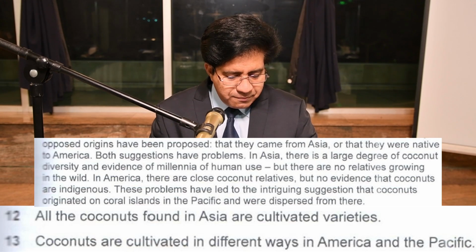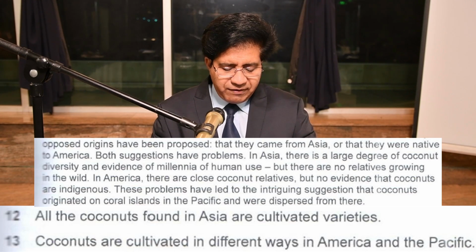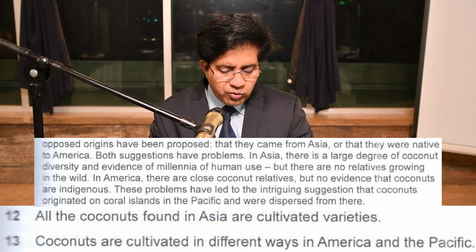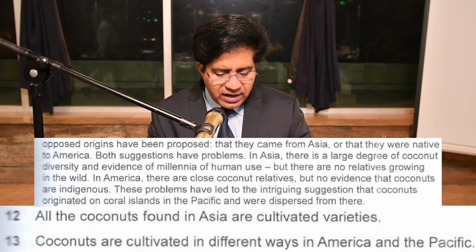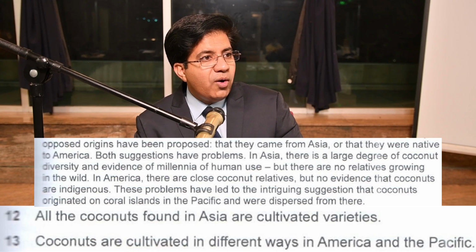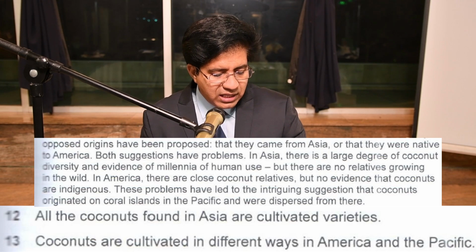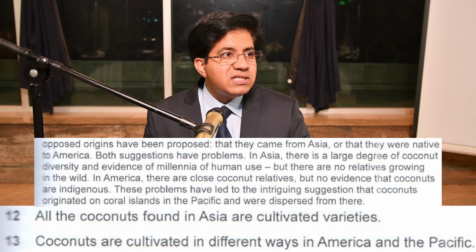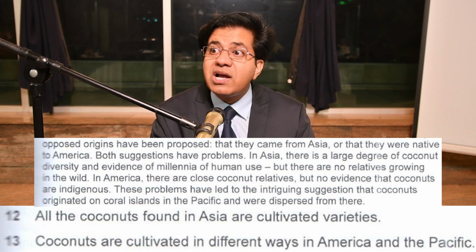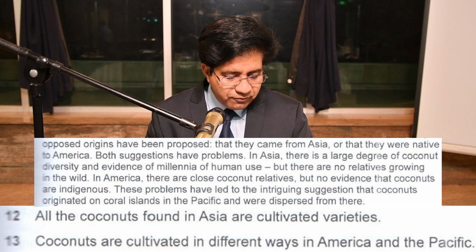Last paragraph. In Asia, found it? In Asia, there is a large degree of coconut diversity and evidence of millennia of human use, but there are no relatives growing in the wild. It means it's all cultivated variety. Wild means jungle. Wild means forest.